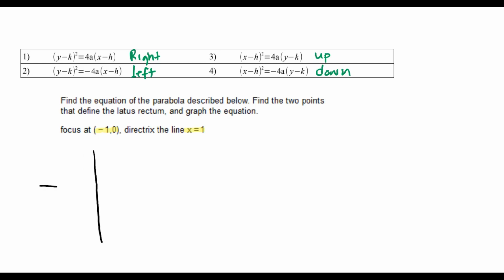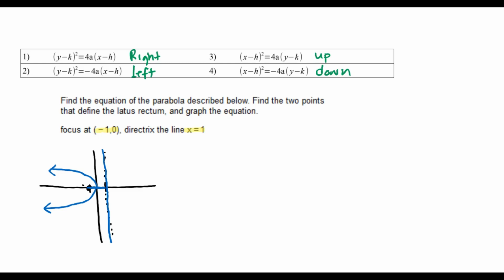If I have a focus at -1, 0, that would be here, and the directrix being the line x equals 1, I know that the parabola will be oriented to the left. And that's because the focus is going to be inside the parabola, and the directrix will be running perpendicular to the connection between the focus and the vertex.